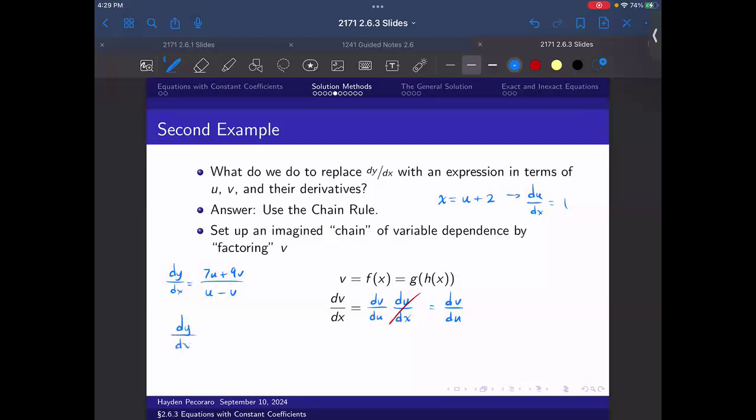Remember that y is v minus 3, and if you differentiate that, you get dv dx. Because we're doing this linear substitution where the constants get differentiated away, I have all of the nice derivatives that I want. It's not very hard to get dv du. It just takes that weird chain rule thinking.